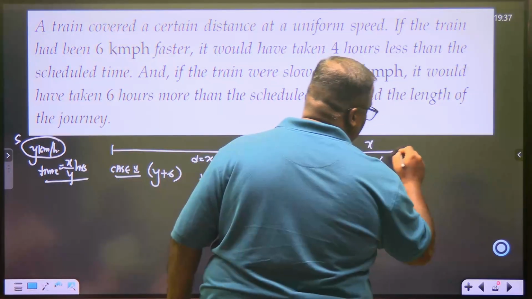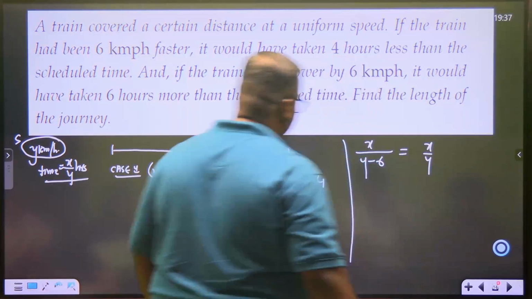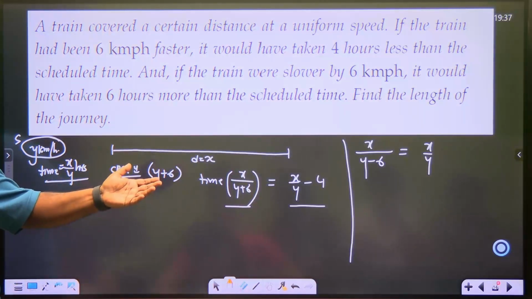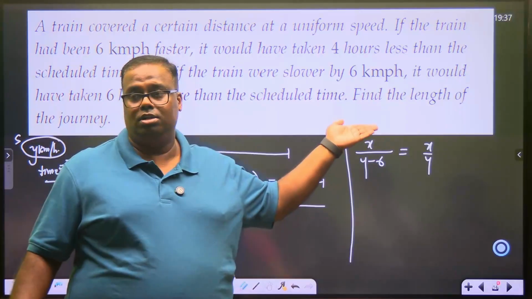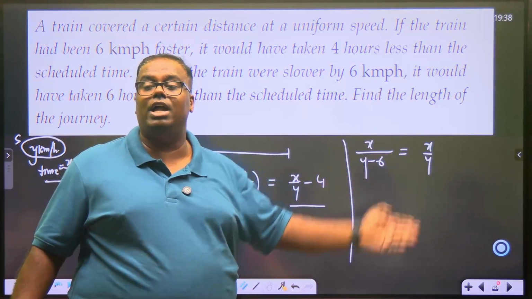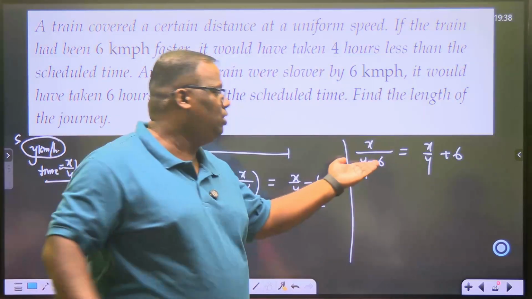Now this is the time, but this time is more than the usual time, by 6 hours. This is more. This is less. So 6 hours we should add where? On this side. Or else you reduce 6 from the other side.